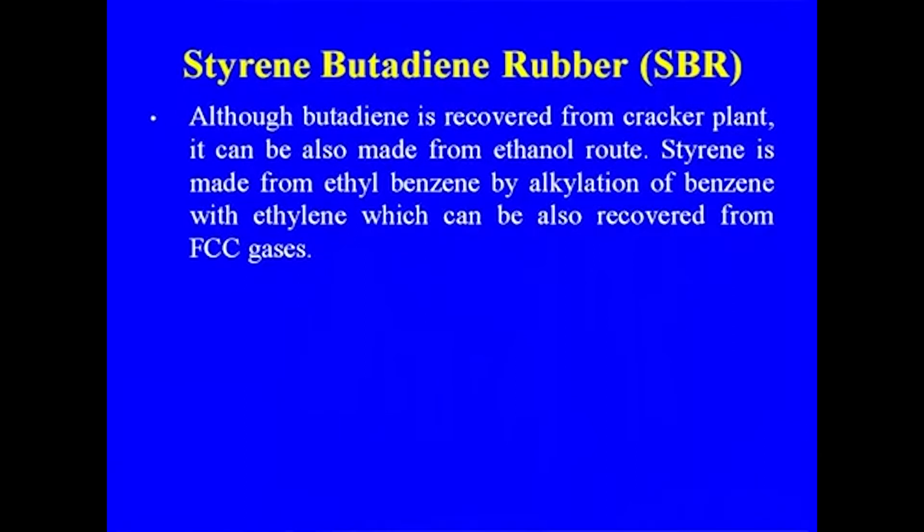Although butadiene is recovered from the cracker plant, it can also be made from the ethanol route. Styrene is made from ethyl benzene by alkylation of benzene with ethylene, which can also be recovered from the FCC. As I told you, there is now interest in recovering the ethylene available in the FCC gases.